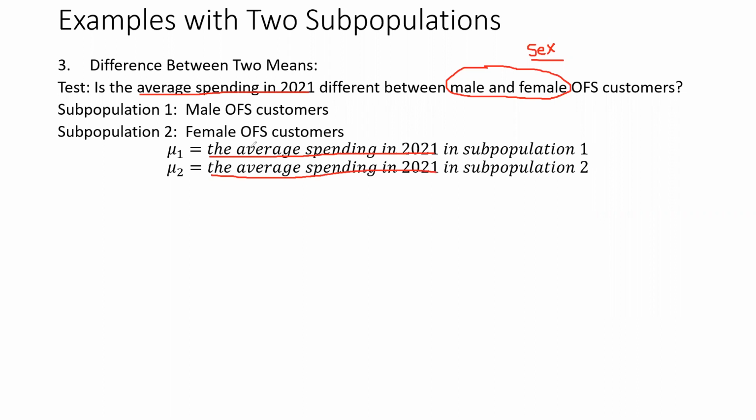These have to be the same thing that you calculate, or that you're making a hypothesis for, in each of the subpopulations. Because what we want to say is that this thing, which we call mu1 or mu2, is going to be in some ways different based on the membership in one of the subpopulations.